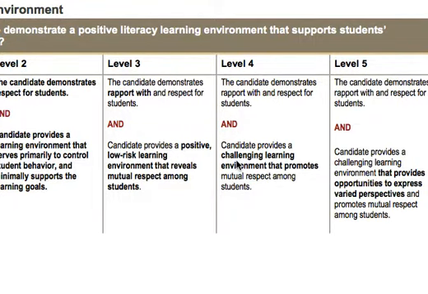If we go up to a level 4, you have rapport with and respect for students. It's the same. The different thing here is that you have a challenging learning environment that promotes mutual respect among students. Now, this is a little harder one because, especially if you have kids working at different levels, it's hard to get everyone challenged at the same time. This is really about making sure that you are not spending a whole bunch of time, once the students get it, reinforcing that over and over without making new progress.